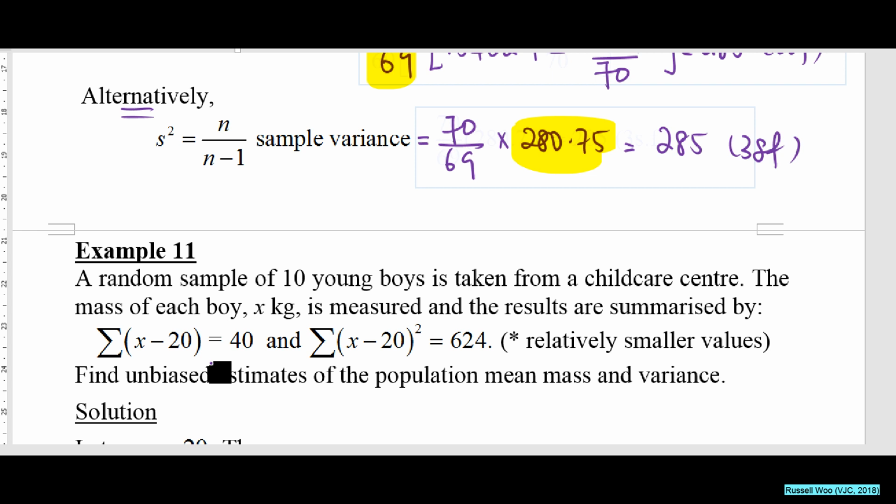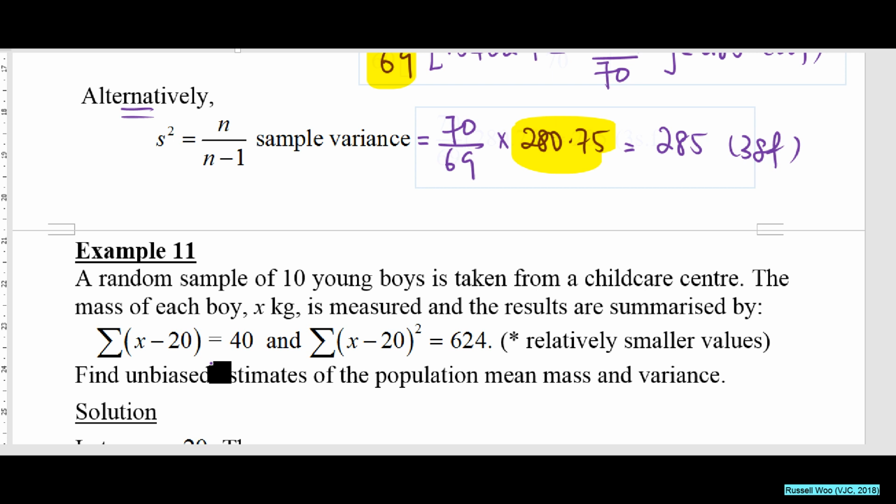Sometimes, in fact most of the time, the questions will give us the data in this form, summation x minus 20. What does it actually mean? This means that the x1, x2, x3, x4 are quite close to 20. So when I minus 20 from the individual values and then sum them all up, I get smaller values that are easy to manage.